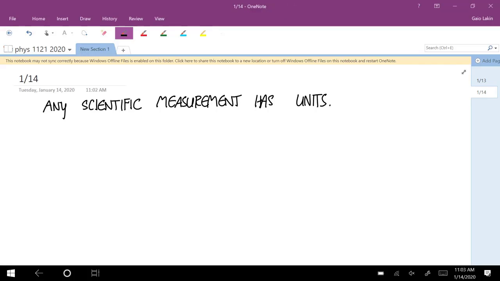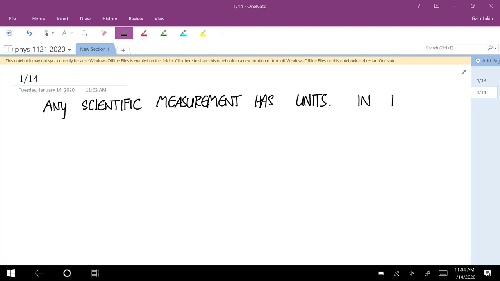And all units that we use in this class can be made up of a combination of three simple unit types. When you get into physics 2, there'll be other ones. Charge is one. When you get into atomic stuff, there's some other one.